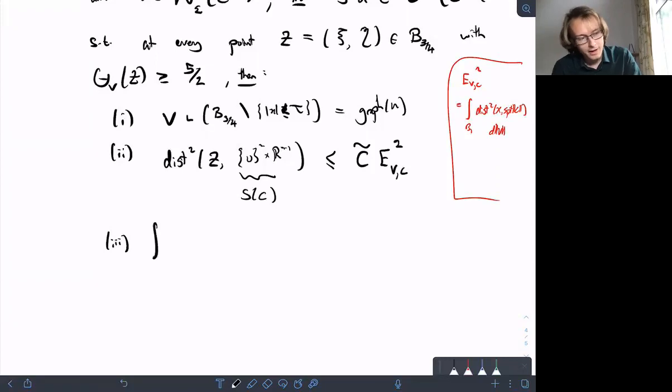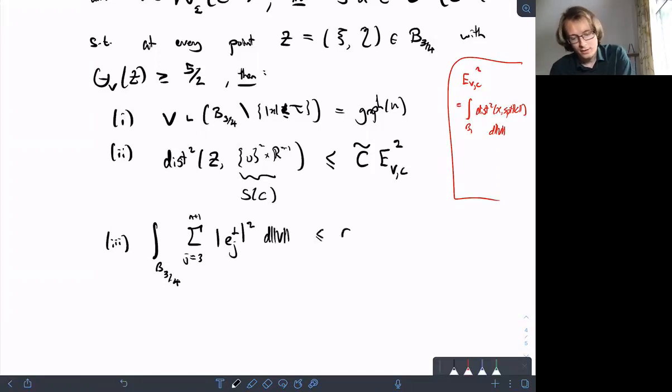We also have a bound on the projections of the unit vectors parallel to the spine on V. Again, the same bound. What this roughly translates to, because of their projections onto approximate tangent spaces, is we have control of the gradient of V, or the curvature of V, in directions parallel to the spine.